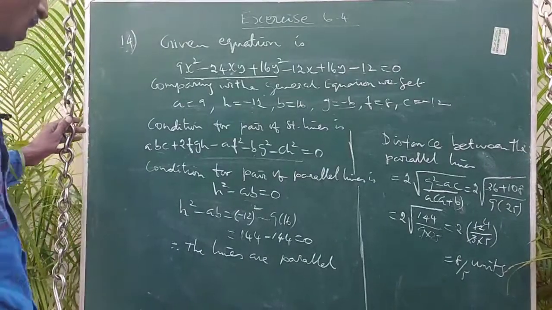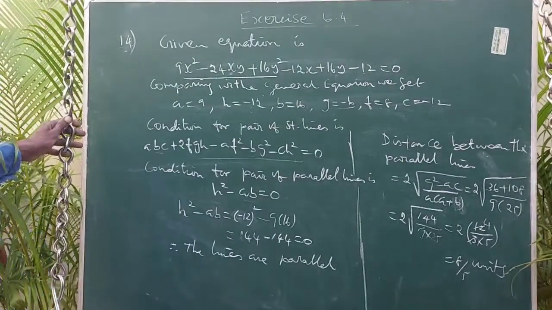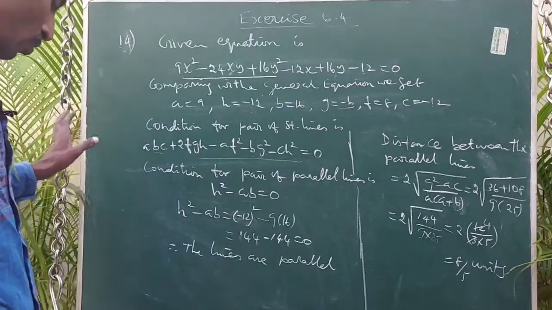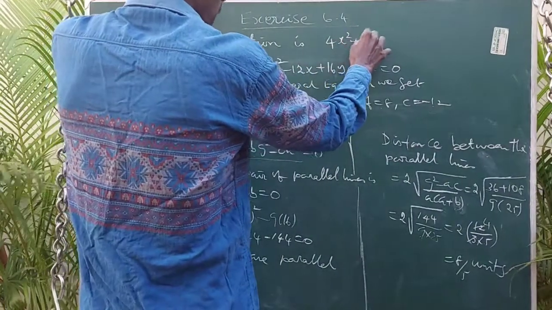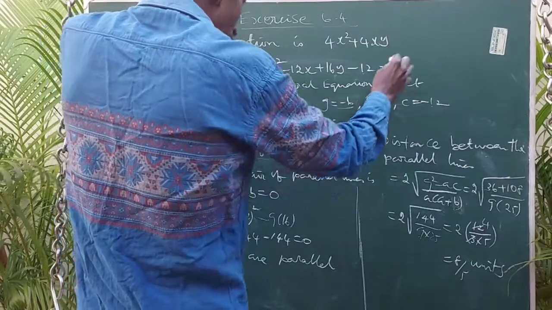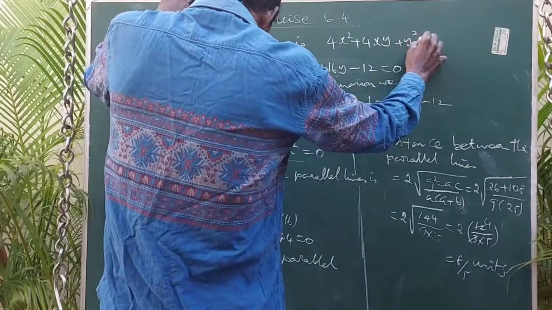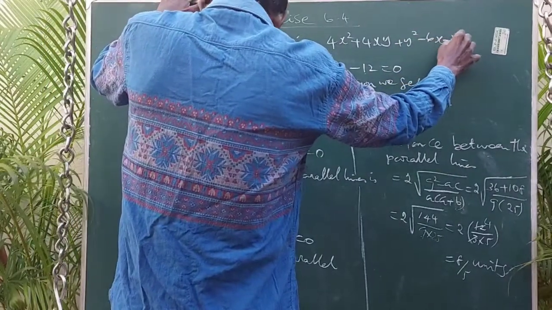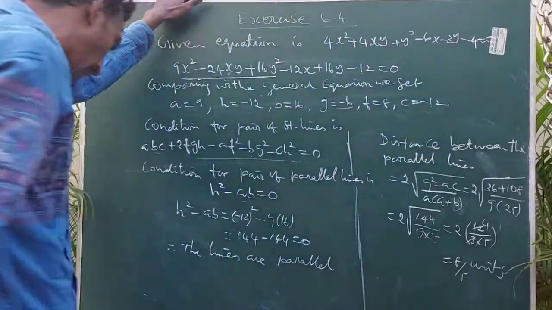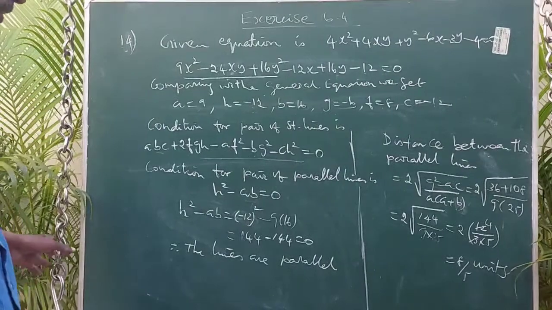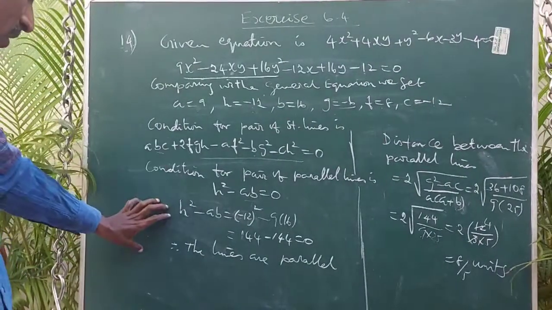My dear student, question number 15 is similar to this one. Show that the equation 4x² + 4xy + y² − 6x − 3y − 4 = 0 represents a pair of parallel lines. Find the distance between them. Use the same concept.